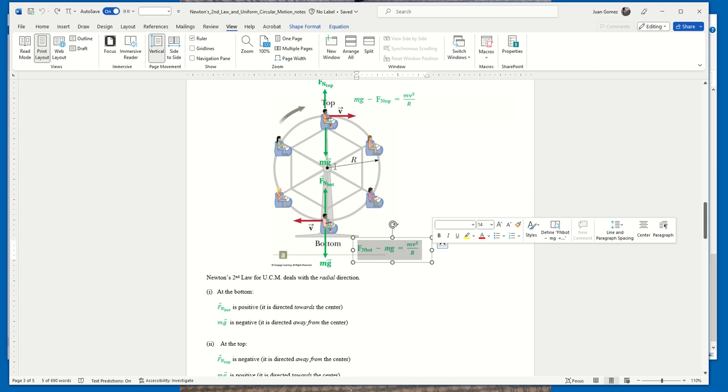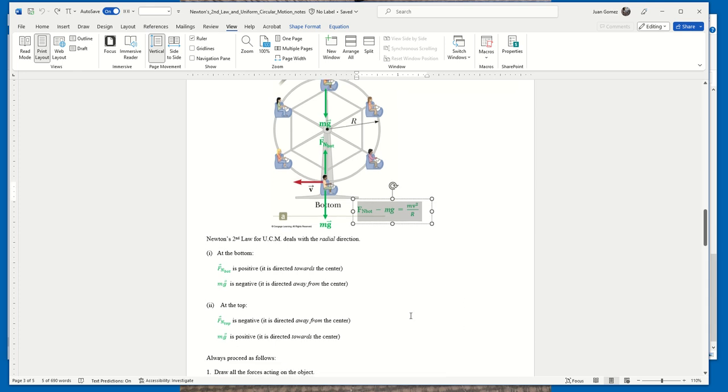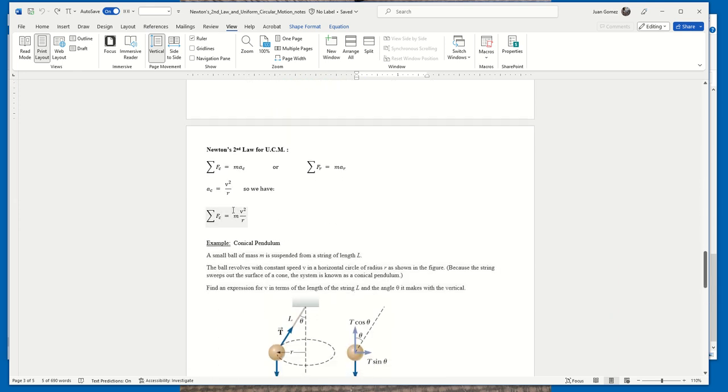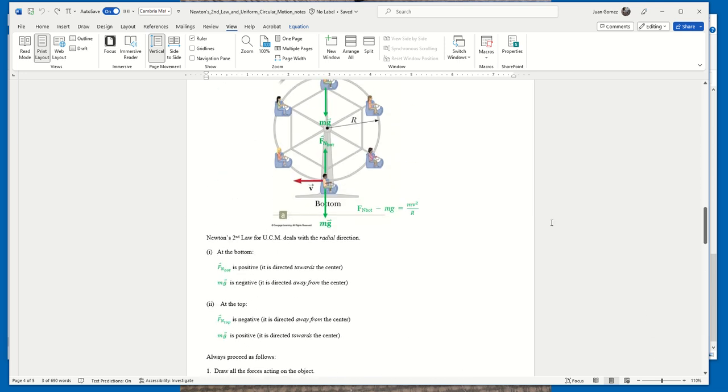In this case, we're calling the radius of the Ferris wheel motion large R, it doesn't matter. So that's mv squared over r. The sum of the centripetal forces equals mv squared over r. Remember, and I can't stress this enough, radial, centripetal, same thing. Away from the center is negative, towards the center is positive.